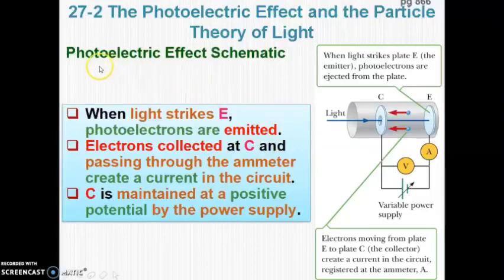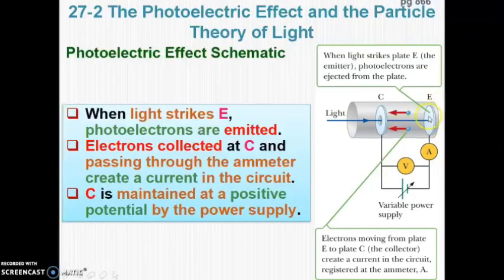Okay, so this is a photoelectric effect schematic. Here you have a diagram of the photoelectric effect apparatus, and this is the evacuated glass tube, basically known as a photocell.